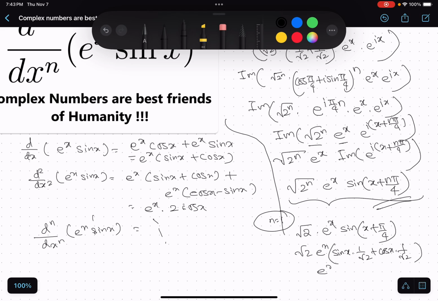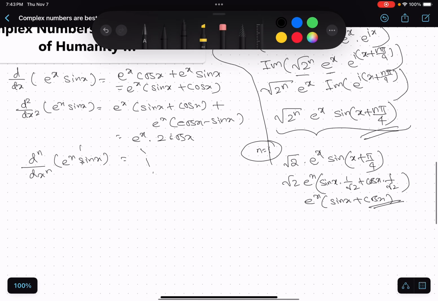Yeah, math works, guys. Math will never give us wrong results, right? Again, if you take n equals 2, it will definitely work, because maths can never fail, because maths is maths. Now this is just 2 e to the power x sine of (pi by 2 plus x), which is just cos x, which is what we have over here.